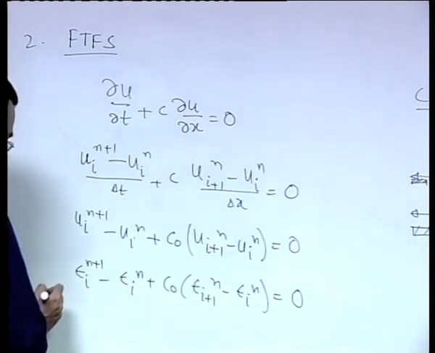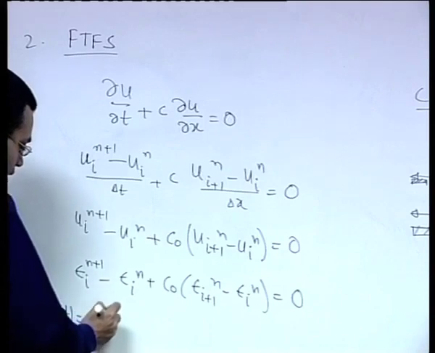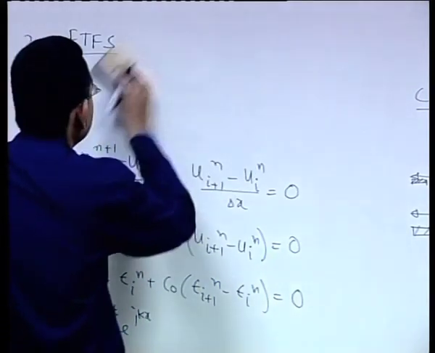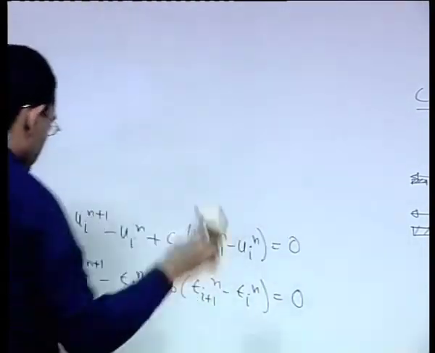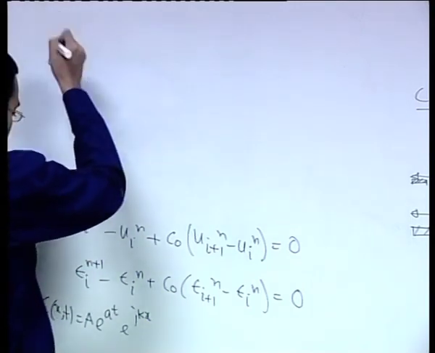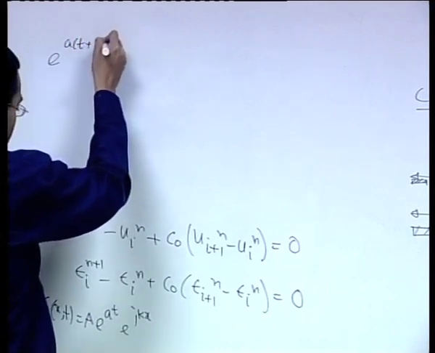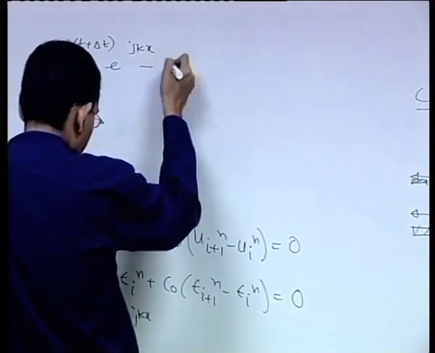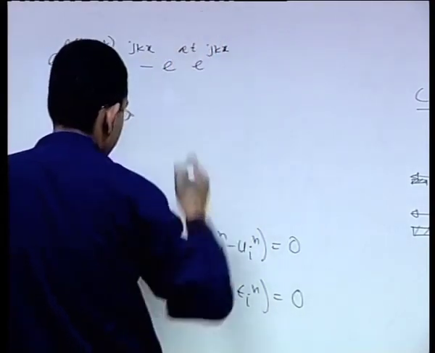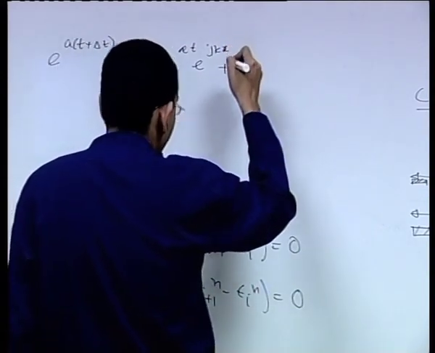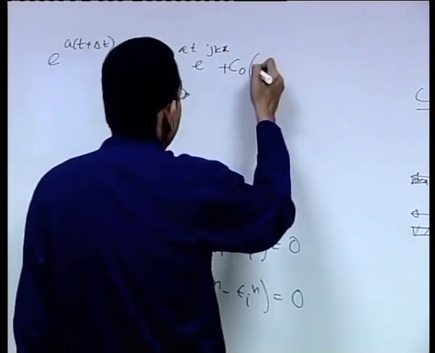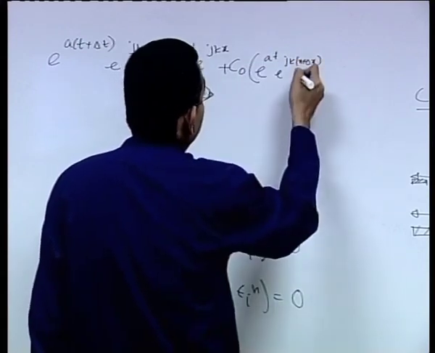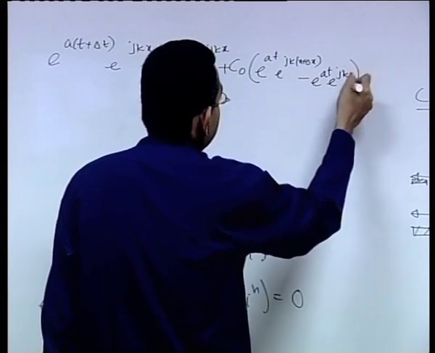Again, if we write epsilon at x, t equal to a e to the power a t into e to the power j k x, then what do we get? e to the power a(t plus delta t) into e to the power j k x, minus e to the power a t e to the power j k x, plus Courant number into e to the power a t e to the power j k (x plus delta x), minus e to the power a t e to the power j k x, equal to 0.